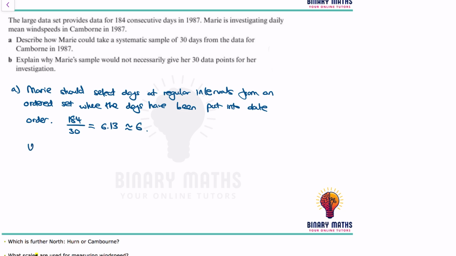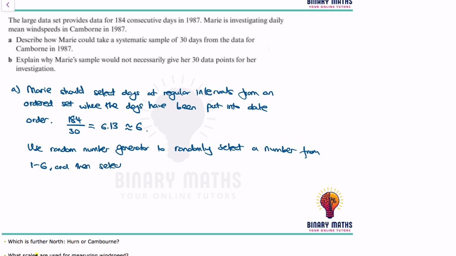So use a random number generator to randomly select a number from 1 to 6 and then select every 6th day until 30 days have been selected.